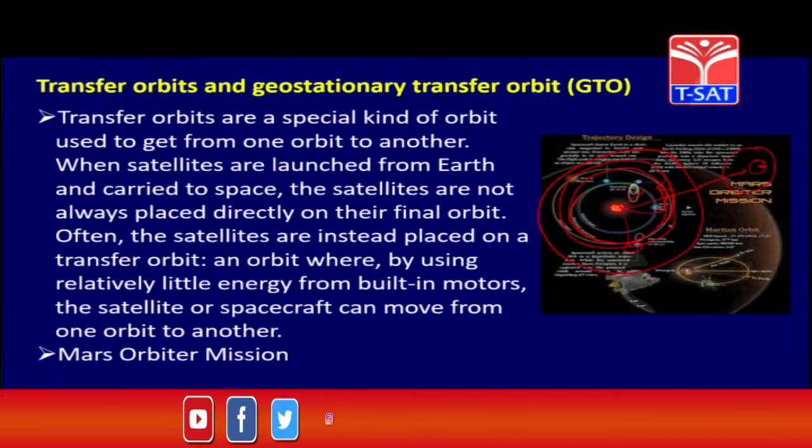From there again we gave another boost, and it reached something like this. When it came here, we gave another booster, and then it came under the influence of Mars. Once it came under the influence of Mars, it would start revolving around Mars.